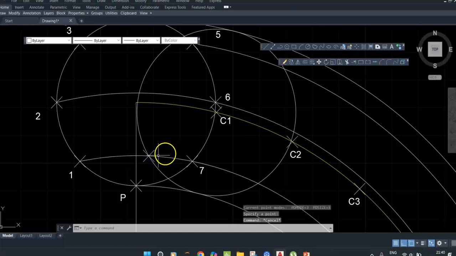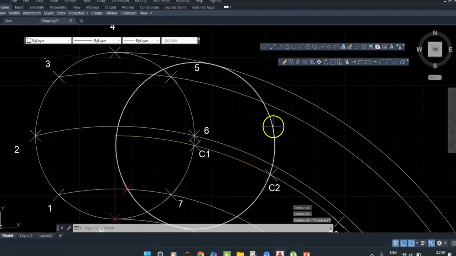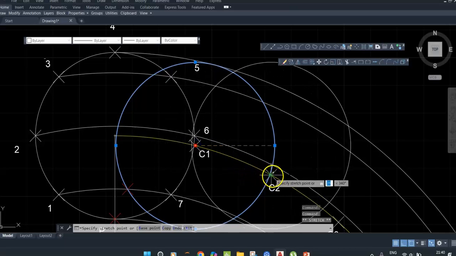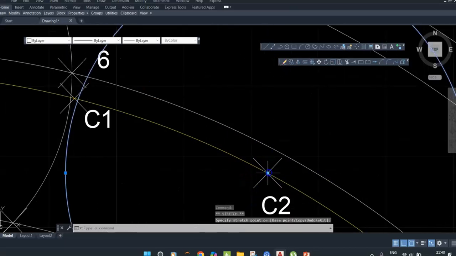I already made it a regular practice. I am converting this locus line to red color. Previously for cycloid also I did the same thing. Now move this circle from C1 to C2. Hold the center point and move to C2.